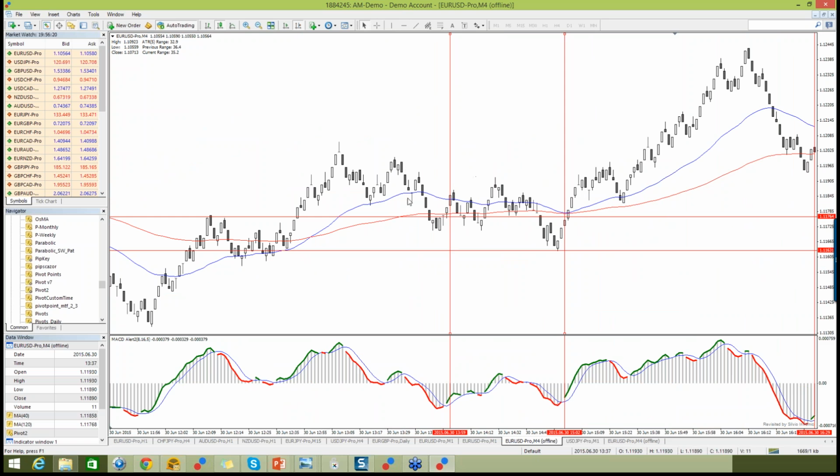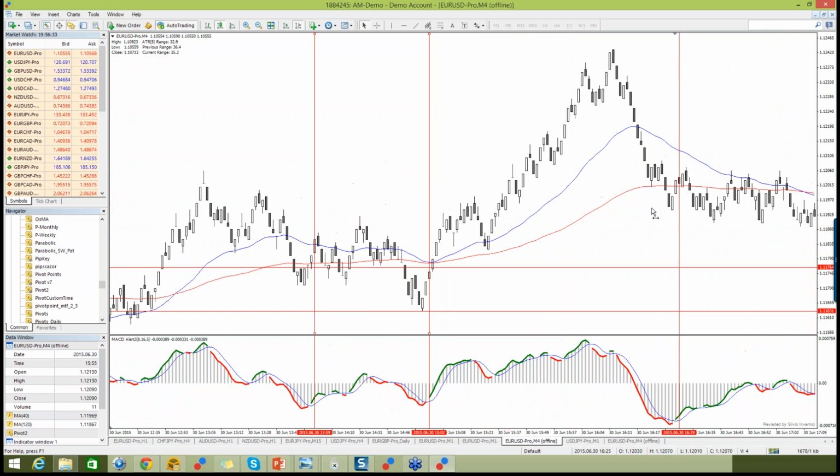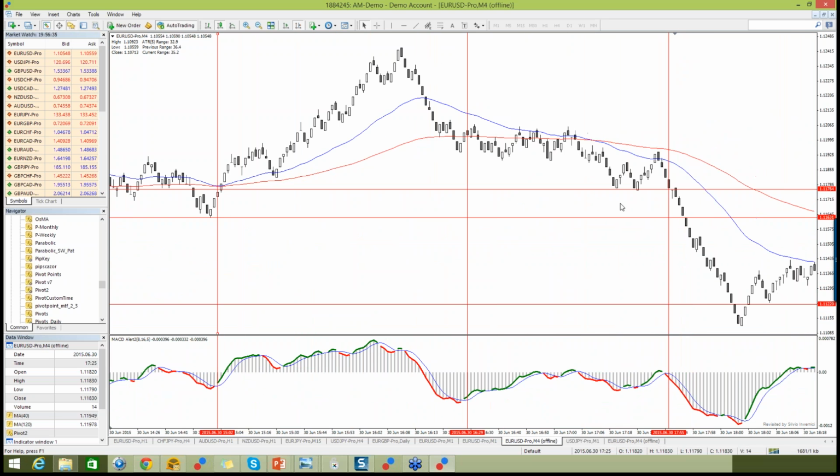Then we have consolidations and upward and downward impulse waves. Okay. This is a good one. This is an X cross here, and this is probably break even or stop loss.